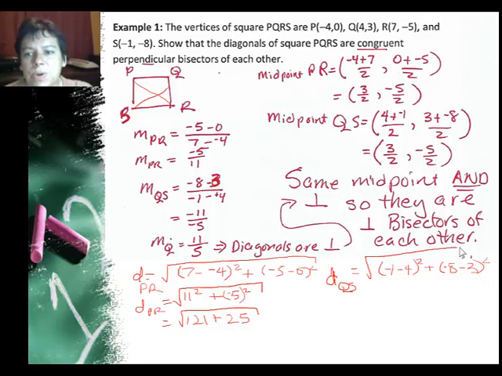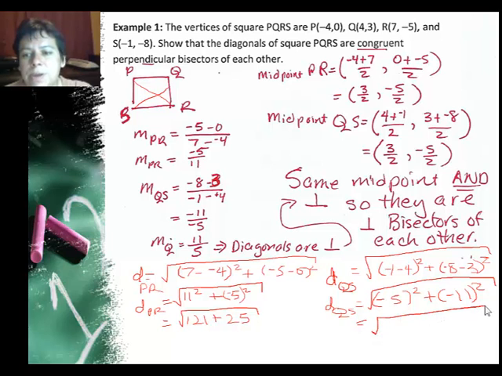And put the square root all over that. And I'll get d of QS, the distance of that, it's going to be -5 squared plus -11 in parentheses squared. Now, since the negatives are in the parentheses and are being squared, we'll actually get a positive. So I'll have 25 plus 121. So you can see that actually both of these diagonals are congruent.